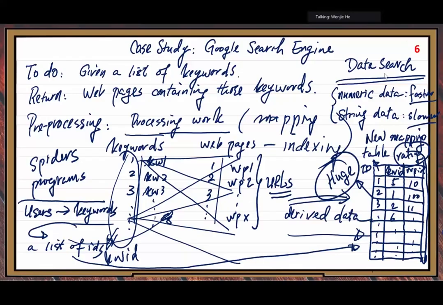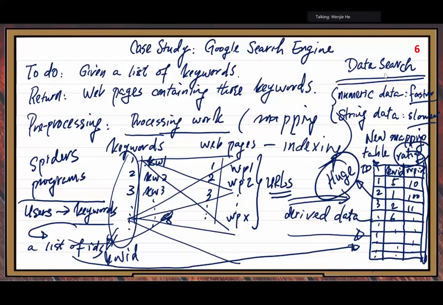So you search based on that rating number. So the first page, based on their rating numbers, should be the most important pages containing this keyword. But then, how do you get that rating number?